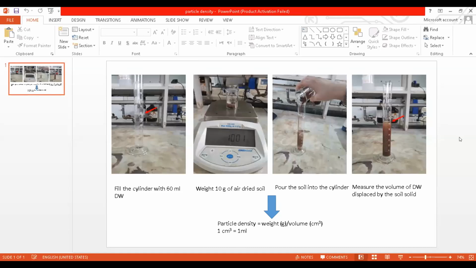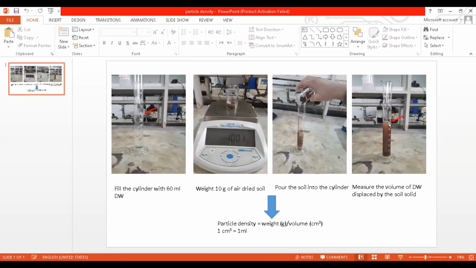Yes. Okay, good. So I did like you told me yesterday. I filled the cylinder with 60 milliliters of distilled water and weighed 10 grams of air-dried soil. Then I poured it into the cylinder and measured the volume of distilled water that was displaced by the soil solid.